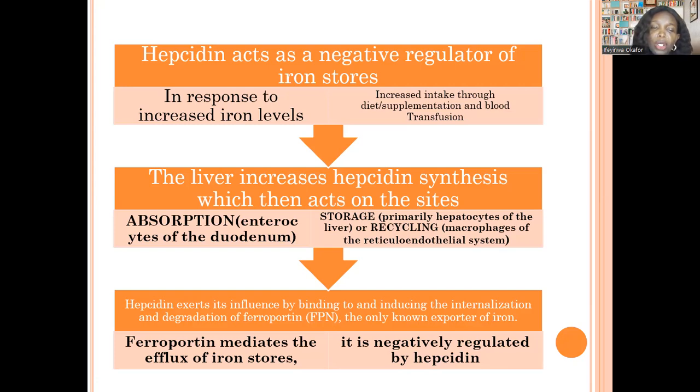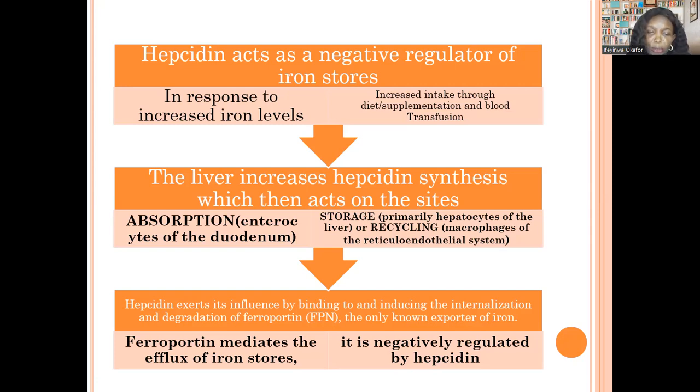It can act on the duodenum, stopping it from bringing in more iron from the diet. It can also act on the liver cells, stopping the stored ferritin from releasing more iron into the system. It can also act on the macrophages, stopping the ferritin stored in the spleen from releasing more recycled iron into the system.